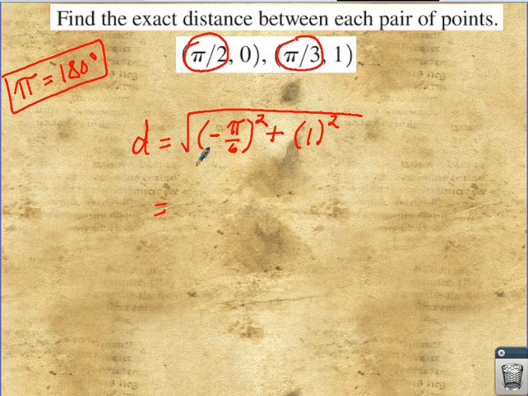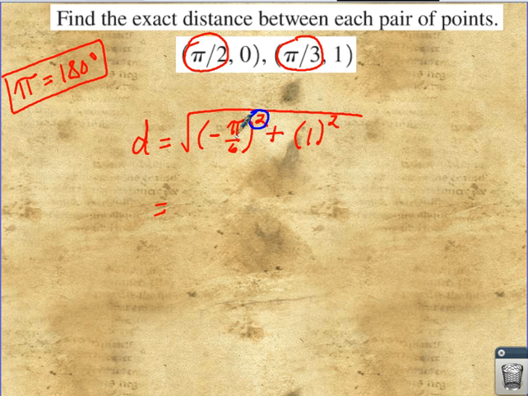To square. Trick question. In parentheses here, how many things are we going to have to square? 3. You see all 3 of them. There's the pi, there's the 6, and there's the negative 1. Okay, you must square all 3 of those things.